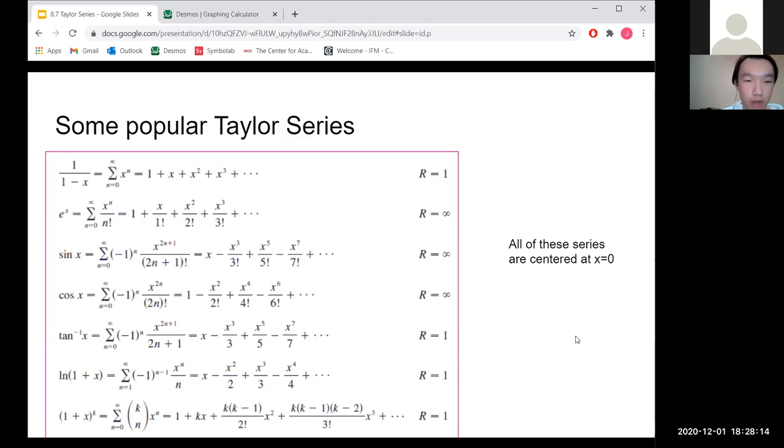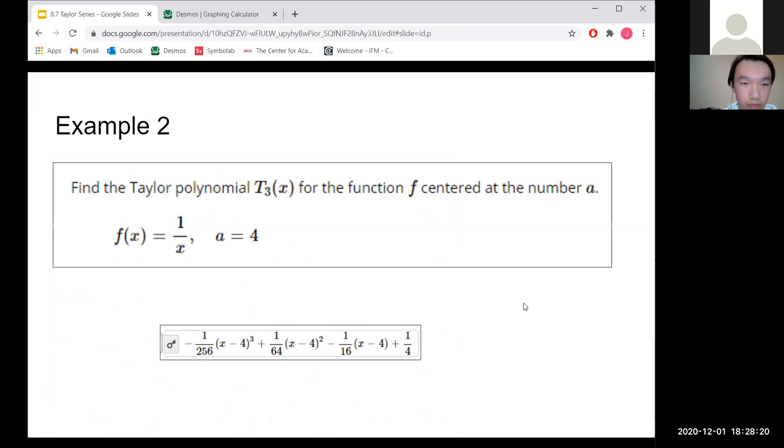All right. Now we can look at some examples that are more representative of what I will test you on. Let's look at this one. This is actually straight from your homework. It says find the Taylor polynomial t sub 3 of x for the function f centered at the number a. What is number a? Oh, a is 4.